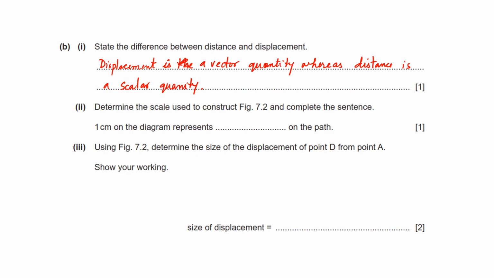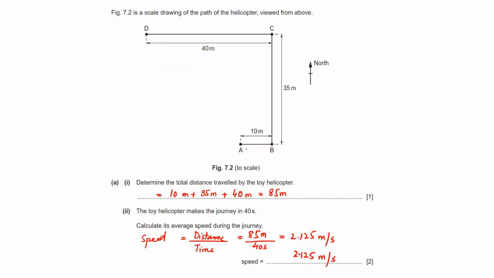It says determine the scale used in figure 7.2 and complete the sentence: 1 centimeter on the diagram represents dash meters. So what you will be doing is, you can use a ruler and measure. Say for example, this is the whole length.